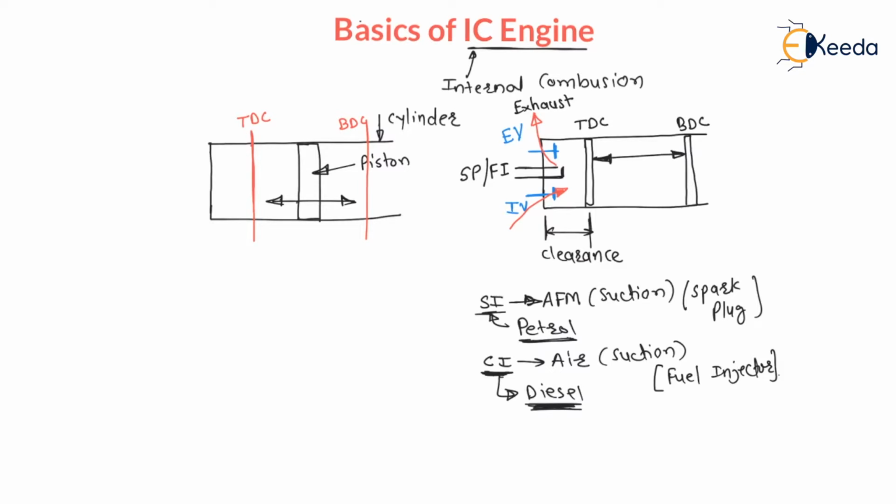Therefore, whenever the piston moves from top dead center to bottom dead center, it is one stroke, or if it moves from bottom dead center to top dead center, it is also one stroke.